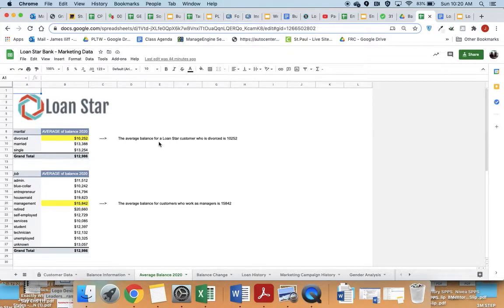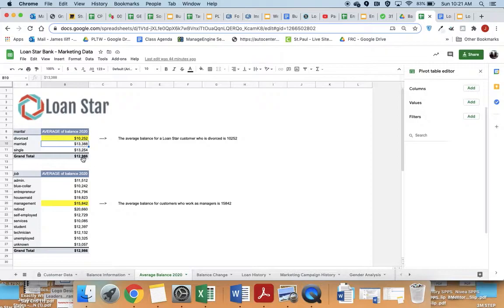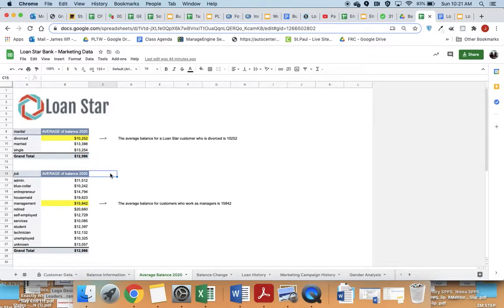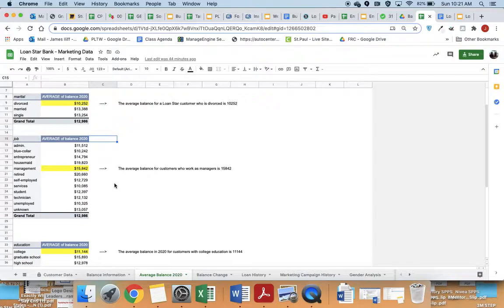The average balance for a Lone Star customer who is divorced is $10,252 in 2020. They have the lowest account balance. Those who are married tend to have more, 13,388, and those who are single have slightly less, 13,254. So that's interesting.